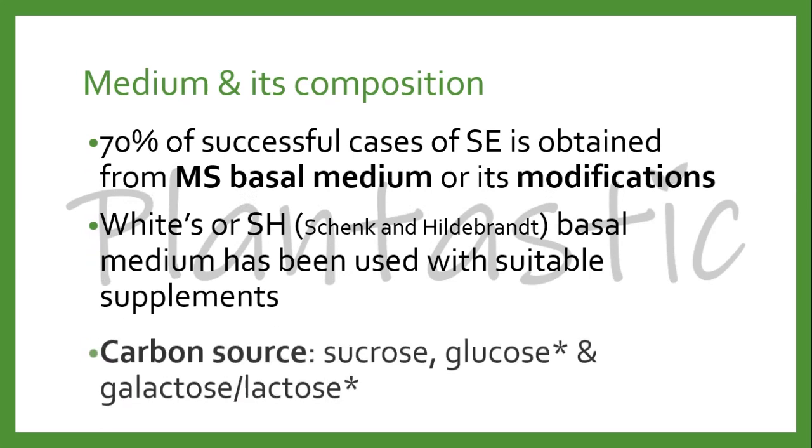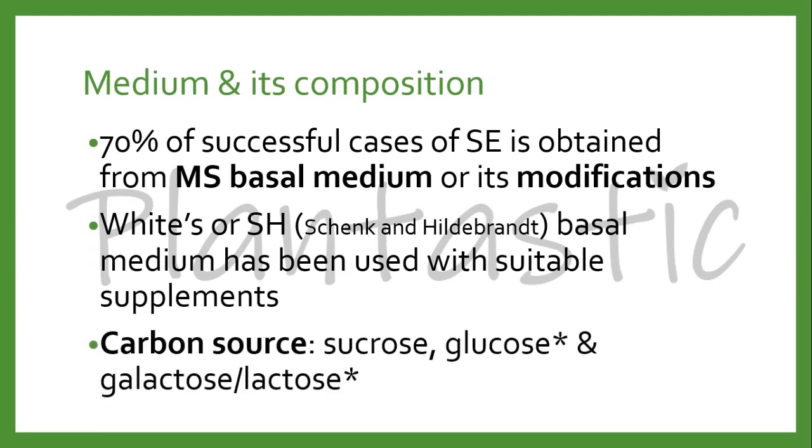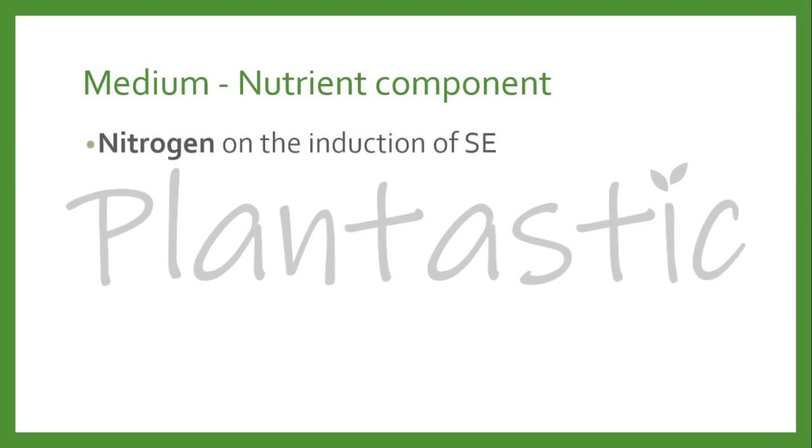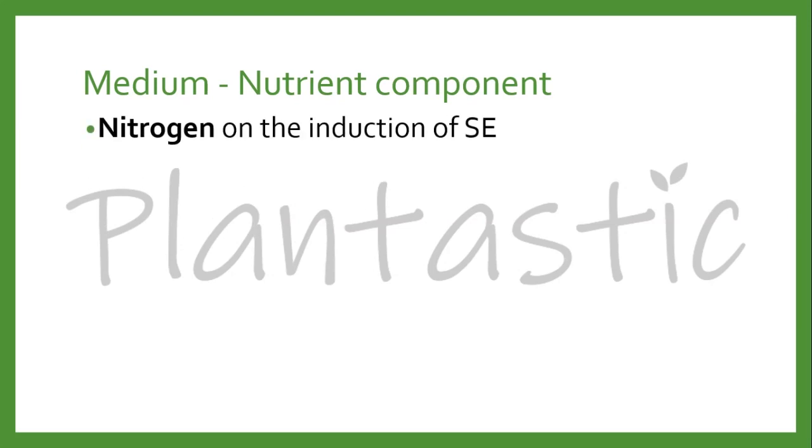It was also found that the carbon source, which is sucrose, glucose, and galactose or lactose, plays a major role in somatic embryogenesis, especially glucose and lactose or galactose, which are commonly used to induce somatic embryogenesis in the study. For the nutrient components, nitrogen is the major factor in the induction of somatic embryogenesis.